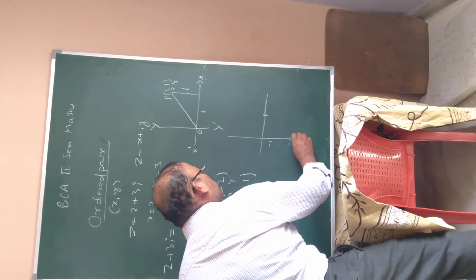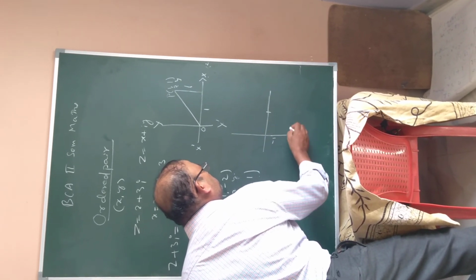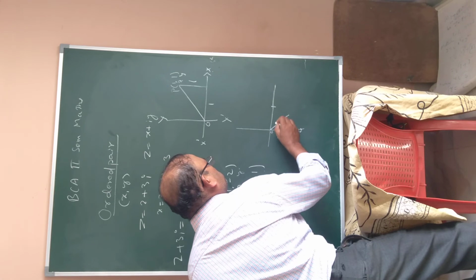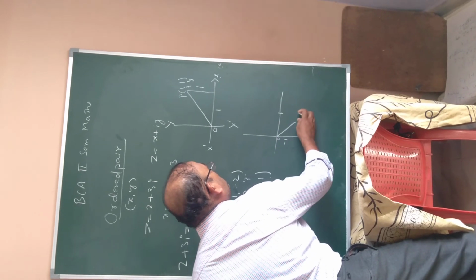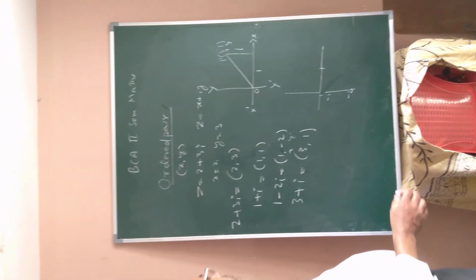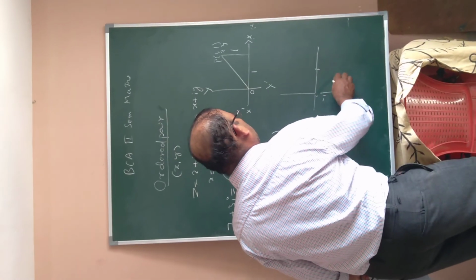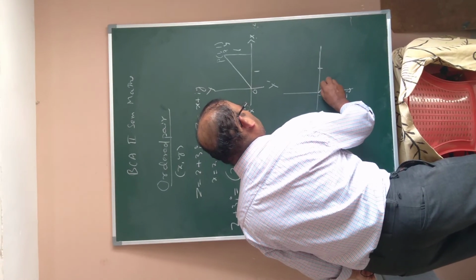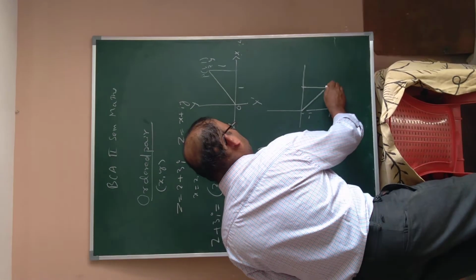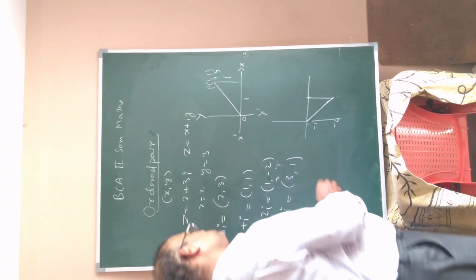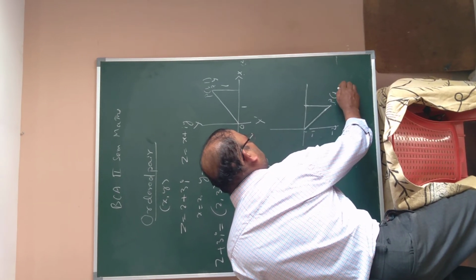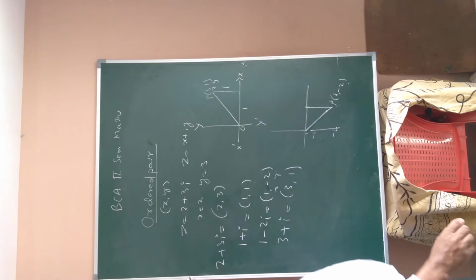This is the point P, this is (1, minus 2).